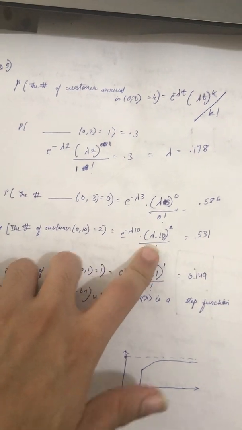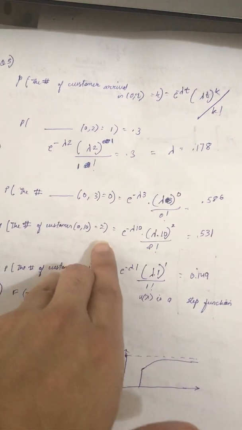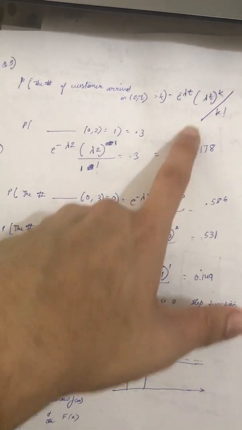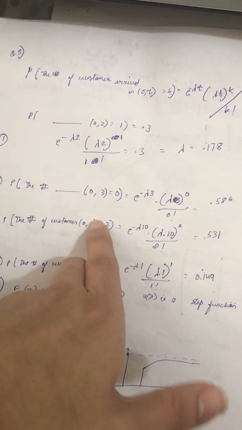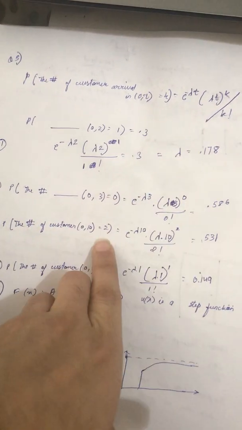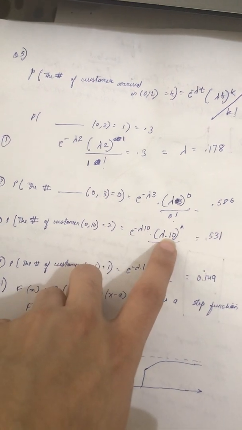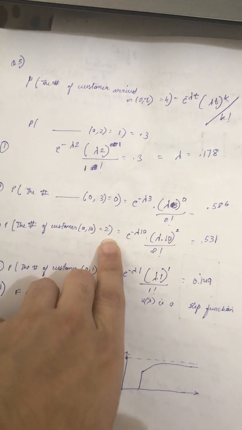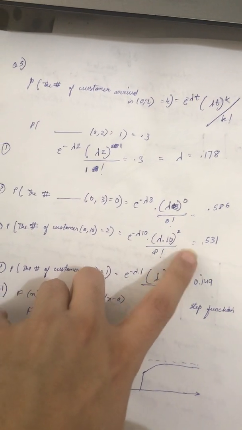Here we have the formula e to the power minus lambda t, where time is 10, so e to the power minus lambda 10 into lambda t to the power k, so lambda into 10 to the power k, where k is the number of customers arriving, equal to 2. So lambda into 10 to the power 2 divided by 2 factorial.